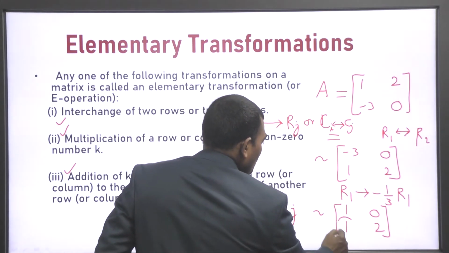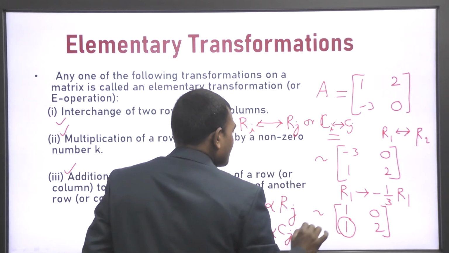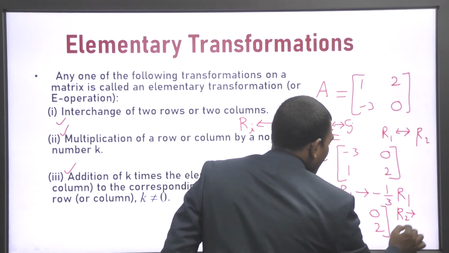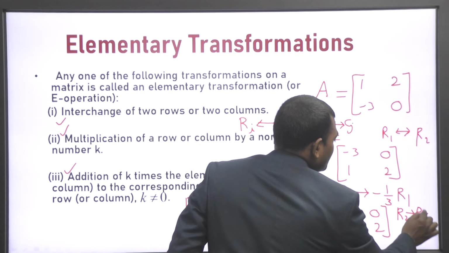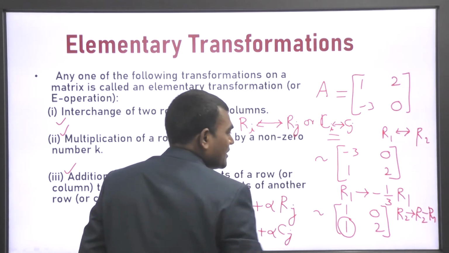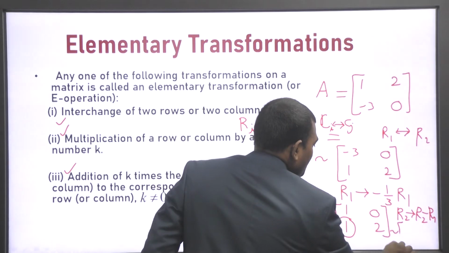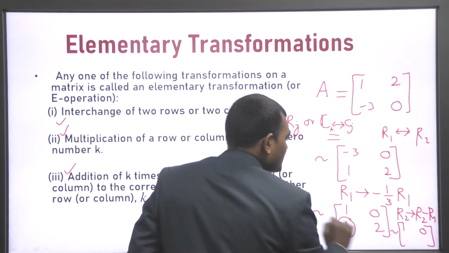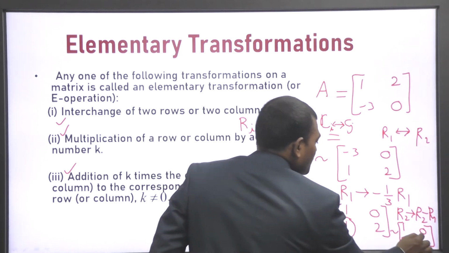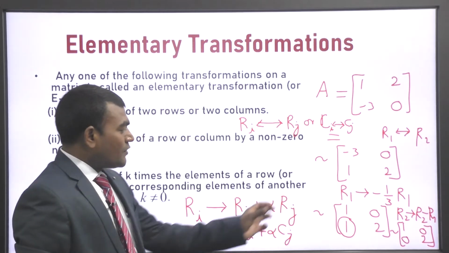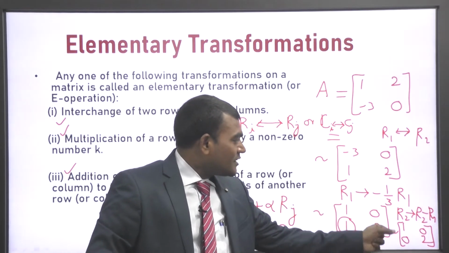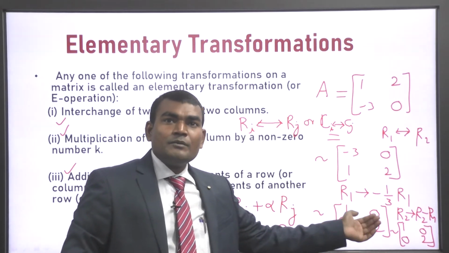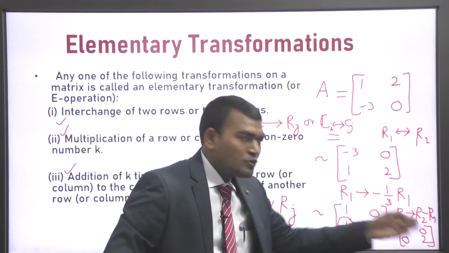Suppose we want to make an element 0, then what will you do? R2 will be replaced by R2 minus 1 R1. Then the equivalent matrix will be: the first row does not change, and the second row is 1 minus 1, which is 0, and 2 minus 0, which is 2. So, the second row is replaced by the row 0 2.